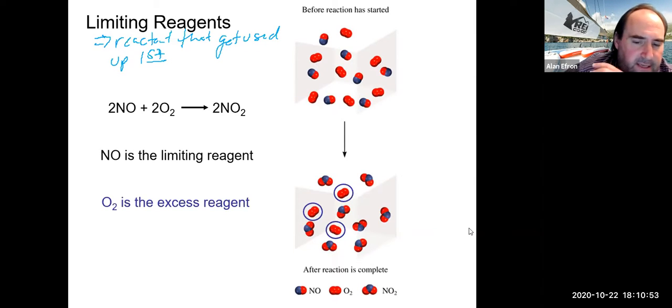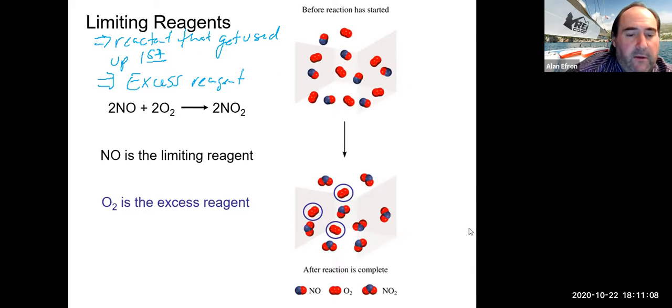While there's usually another reactant that you have plenty of, and that is what is known as the excess reagent. So the excess reagent is the one you got plenty of. It's in excess. It will actually still be there technically when the reaction is over. So the limiting reagent is the one that gets used up first in a reaction. The excess reagent is the one that you have plenty of. You have some left over when it's all said and done.